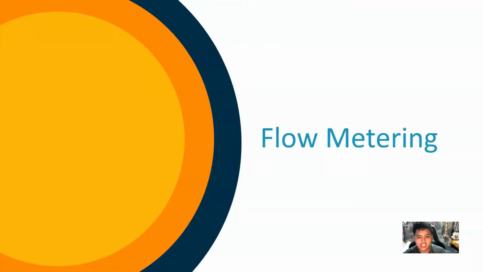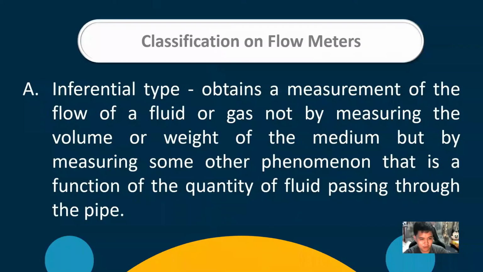Uy, flow metering na tayo. So may mga classification yung flow meter. First one is inferential type. Ito yung obtains a measurement of the flow of a fluid or gas not by measuring the volume or weight of the medium but by measuring some other phenomenon that is a function of the quantity of fluid passing through the pipe.